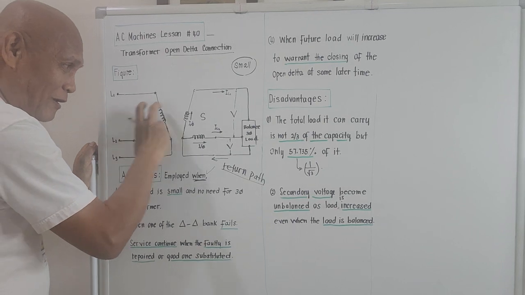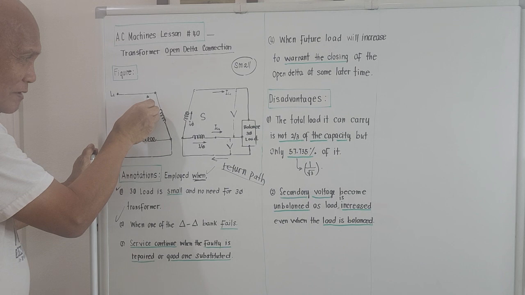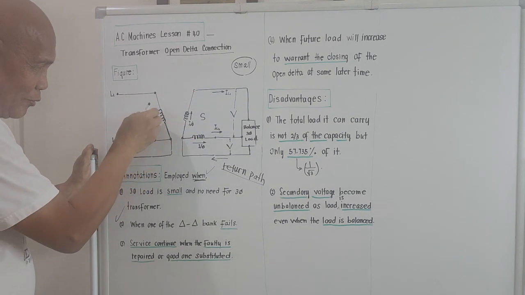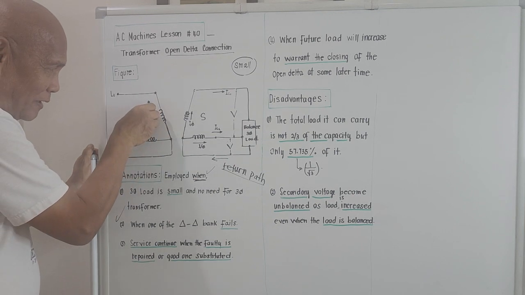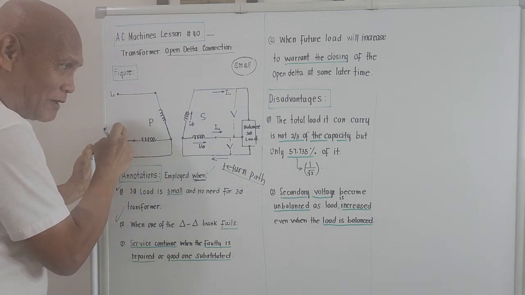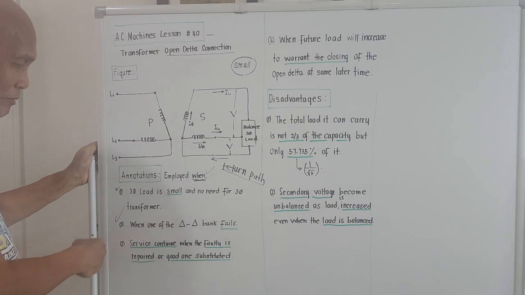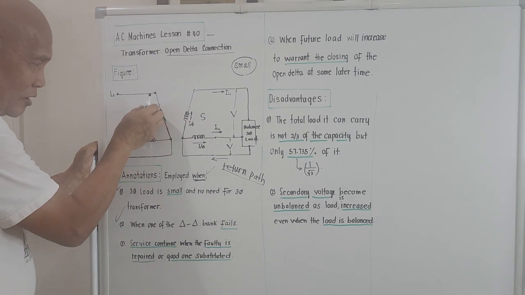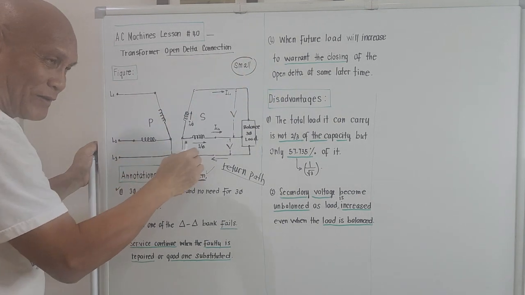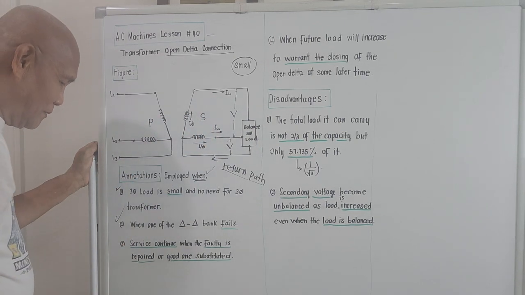So this is an open delta, it matches. Right? If this one fails and the other one does not fail over here, I don't think that we can operate this one with an open delta and this is a closed delta. It should be an open delta. Right? So annotation number 2, when one of the transformers fails, you just remove also the other one, for it to be an open delta.